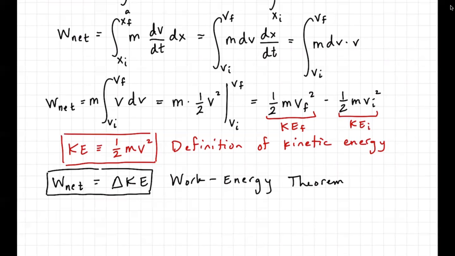That's how we solved the problems. We knew what the acceleration was the entire time we were interested in the problem, and then we used that to find velocity and position. This says that if we want to know something about a particle, we only have to know something about the endpoints. Just the change from beginning to end. And that's extremely powerful in a lot of situations.